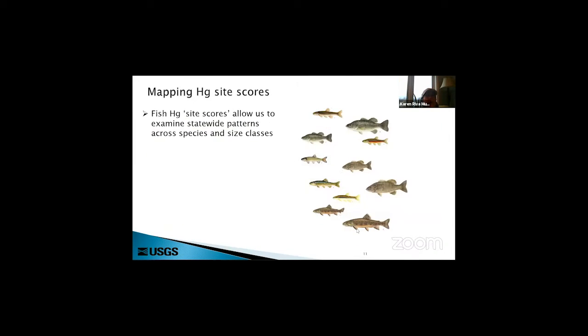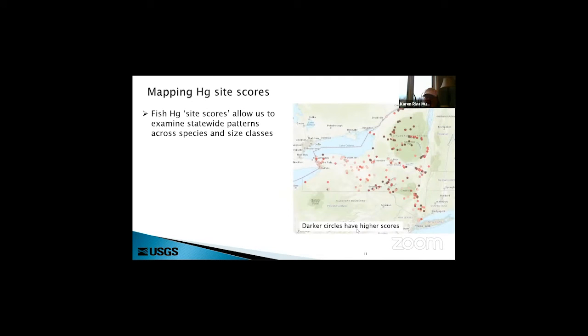So now I talked about the mercury site scores. Again, with these site scores, we're going to examine statewide patterns using data across species and size class, normalizing them to this index or score. So here's the map of these 179 sites with the scores in classes, with the darker circles as higher scores.